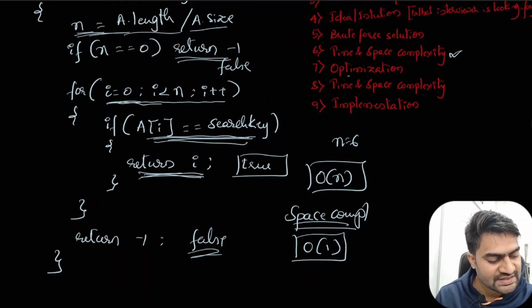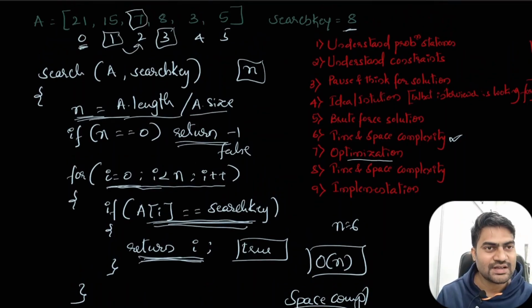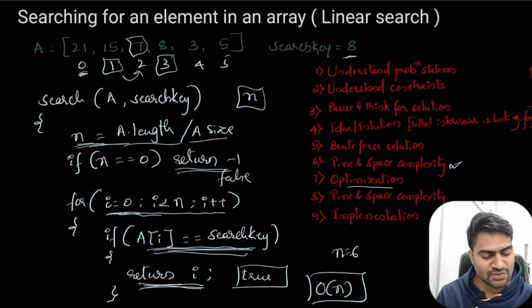Now we will see, is there any optimization possible? For this problem, it is already in the optimal state because we don't know whether the given numbers are in sorted order or something like that. The worst possibility is that we will have to check each and every element.